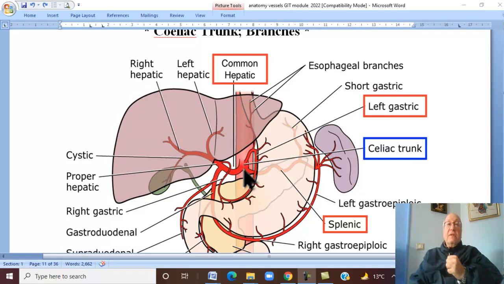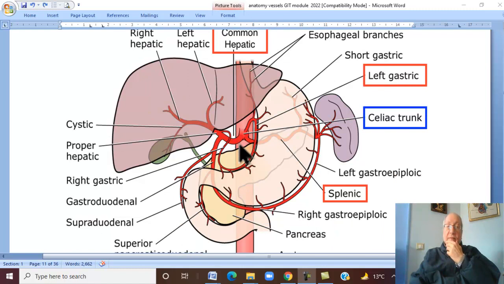What are the branches of celiac trunk? The celiac trunk has 3 terminal branches. First of all, the first is an artery passing upward to reach the cardia, then passes downward along the lesser curvature from left to right.